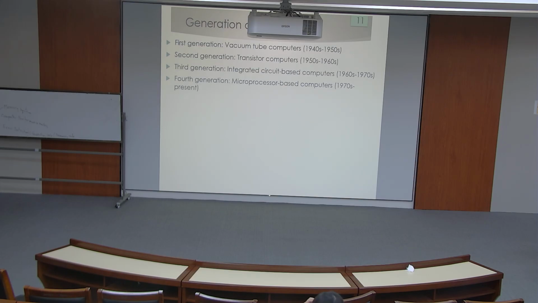The main characteristic of the second generation was the introduction of transistors. Then the third generation of computers, the introduction of IC, happened between the 1960s and 1970s. Fourth generation, the introduction of microprocessors.